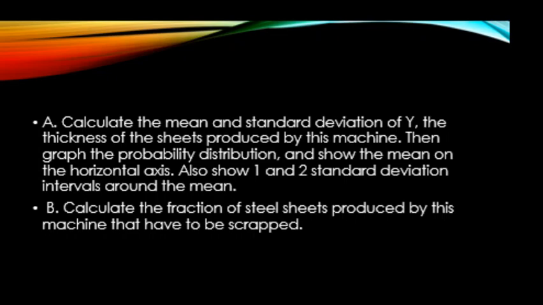First, we need the mean and standard deviation of y, the thickness of the sheets produced by this machine. Then we will graph the probability distribution and show the mean on the horizontal axis. We will also show the 1 and 2 standard deviation intervals around the mean. And finally, we will calculate what fraction of the steel sheets produced will have to be scrapped.